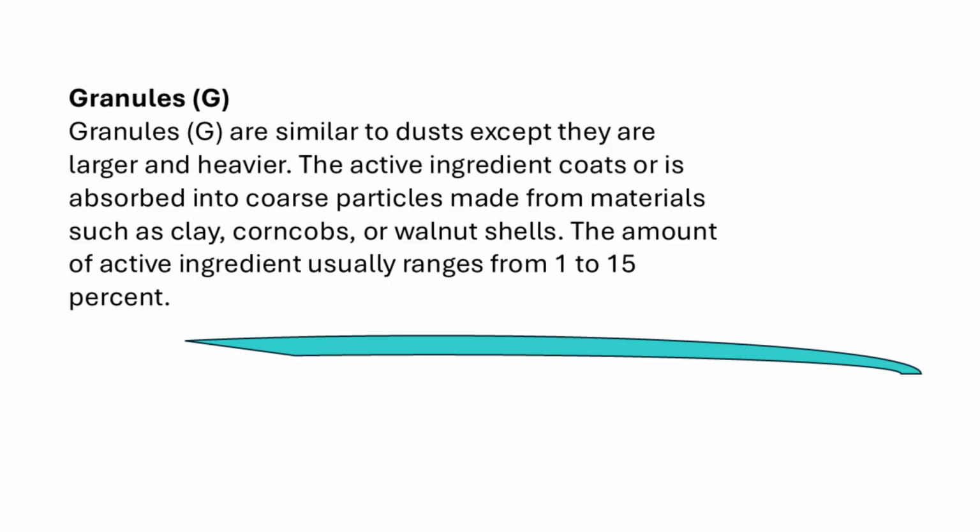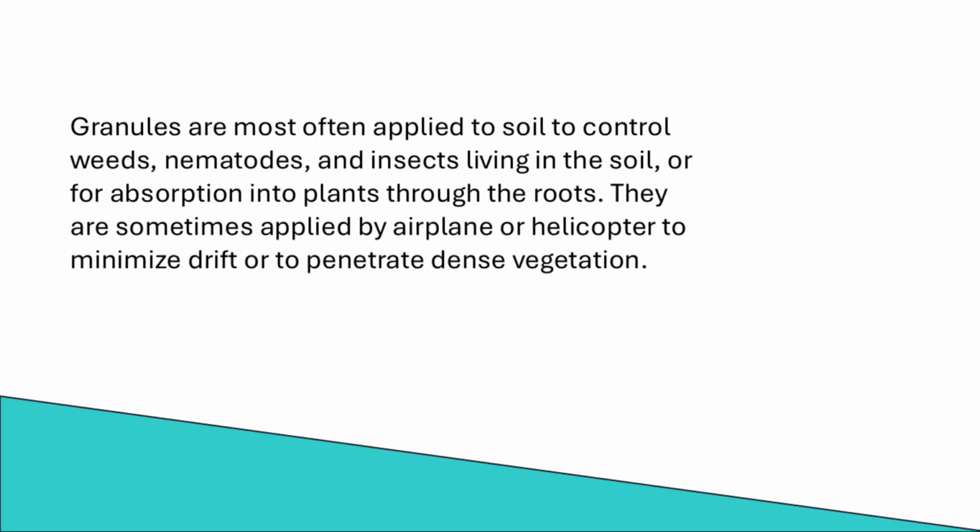The amount of active ingredient usually ranges from 1 to 15%. Granules are most often applied to soil to control weeds, nematodes, and insects living in the soil, or for absorption into plants through the roots. They are sometimes applied by airplane or helicopter to penetrate dense vegetation.